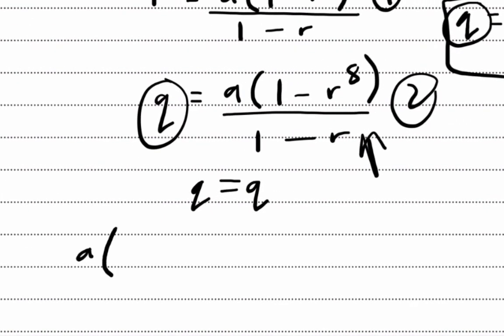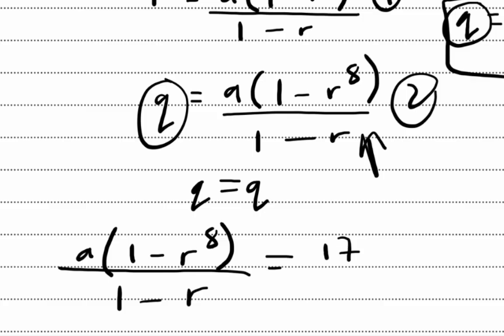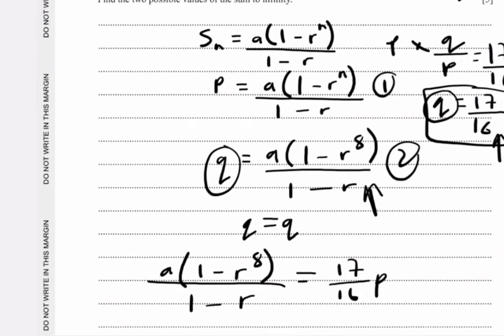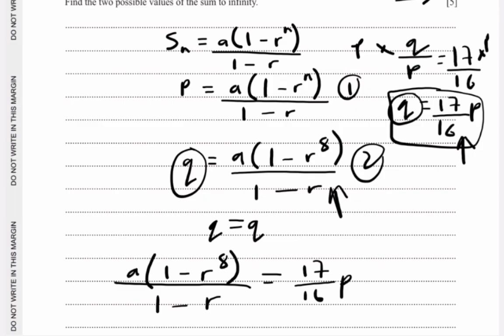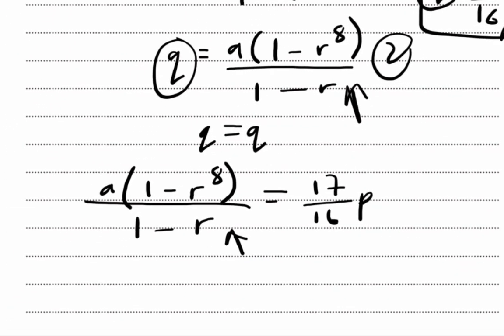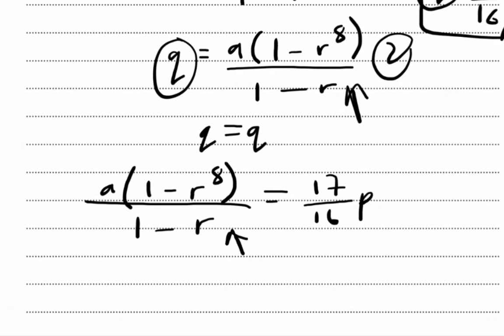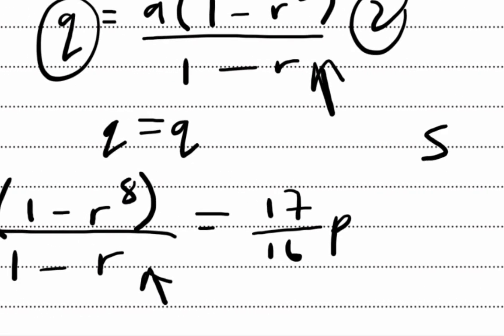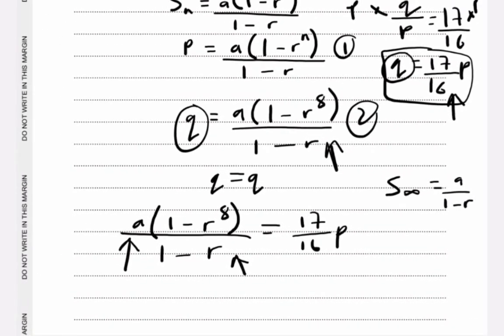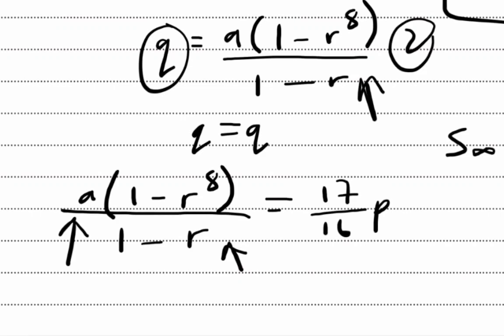So our a, bracket 1 minus r to the power 8, over 1 minus r should be equal to 17 over 16 p, right? And we will need r and a to get the sum to infinity, because we know for a geometric progression, sum to infinity is a over 1 minus r. That's why we're setting up these equations to get the value of a and r.